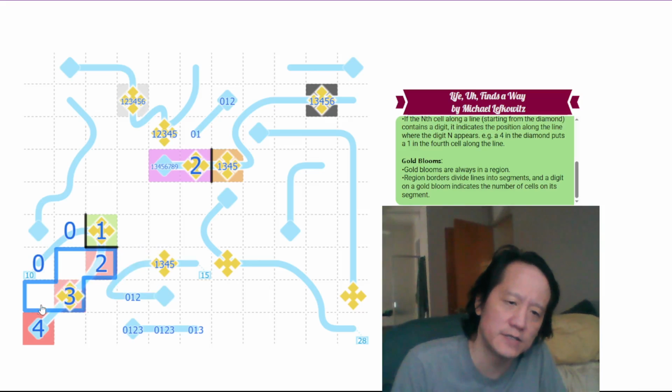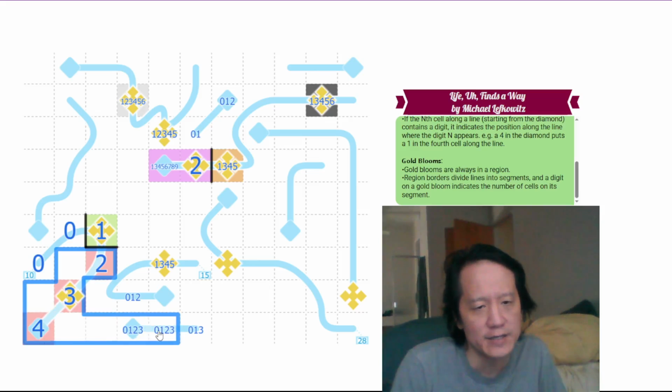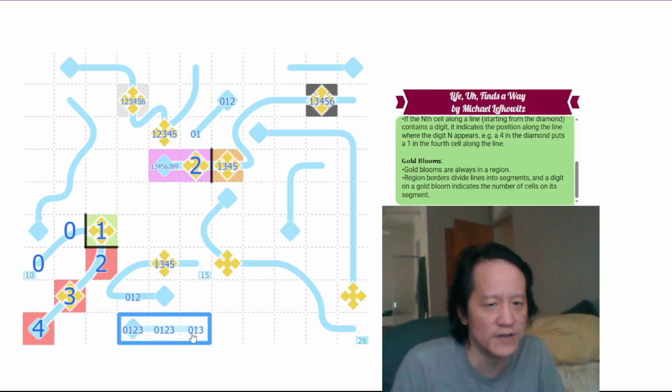This has to be a 9-cell region, orthogonally connected. 1, 2, 3, 4, 5, 6, 7. It would have to be 8, 9 here. So one of these would have to be 2. Or 3. Right? You would have to be 1, 2, and 3 here if it's open.